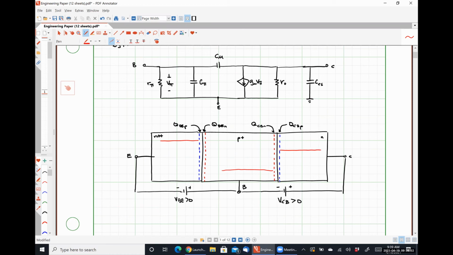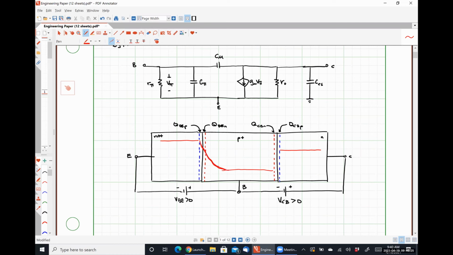So these red horizontal lines are representing my electron density, so a number of electrons per cubic centimeter. Because our base emitter junction is forward biased, that means that that space charge layer is very small, and so the probability of electrons diffusing from the emitter to the base is high. So we should see a profile that looks something like this.